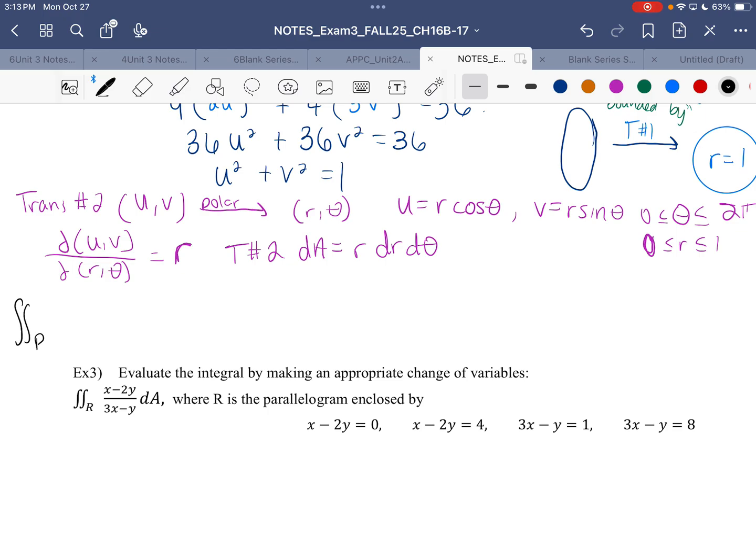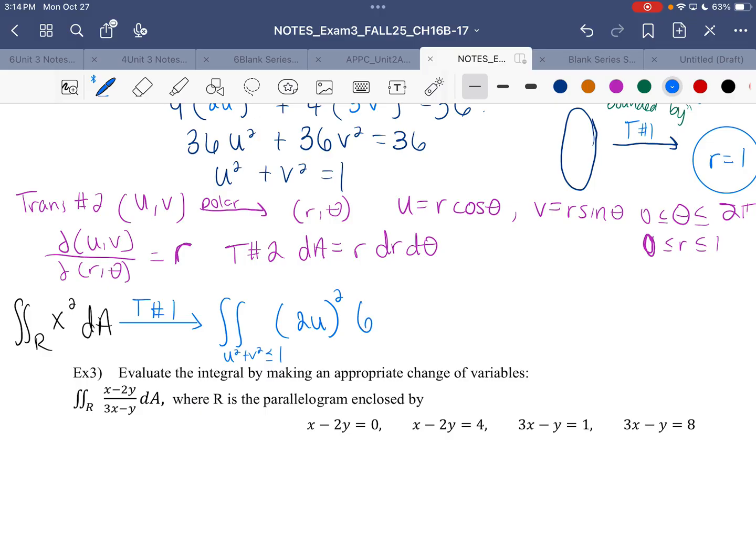All right, our original thing was the double integral over that region that was an ellipse, x squared dA. Then we did transformation number 1, and our region became u squared plus v squared is less than or equal to 1, a circle. And what was x equal to? 2u, so 2u squared is what x squared became.